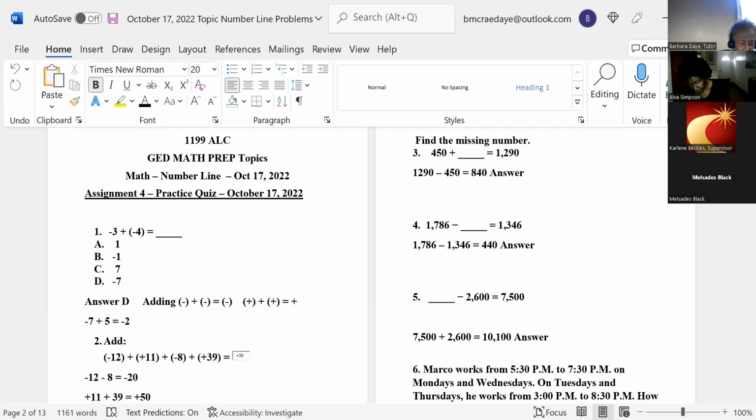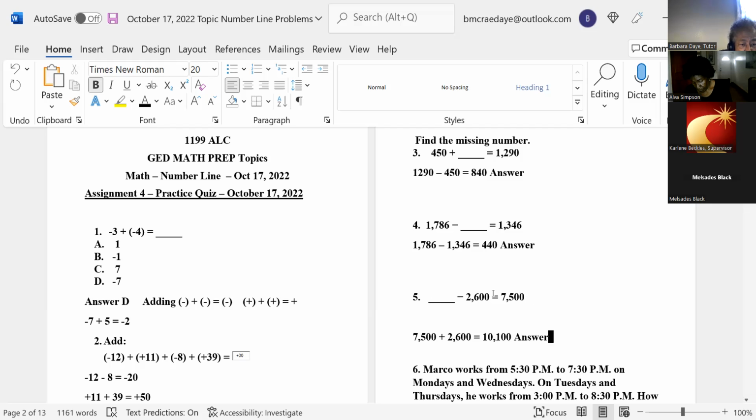I read it wrong. I did what she just did. Oh, you subtracted? I subtracted 2,600 from the 7,500. No, but you got to think. If you take $2,600 from an amount and you still have 7,500, you can't have a small number here.